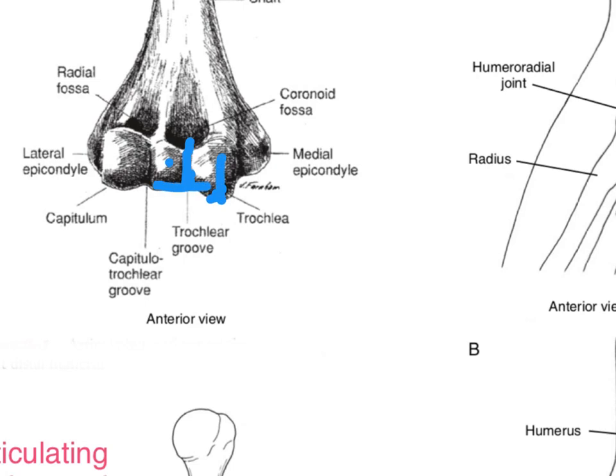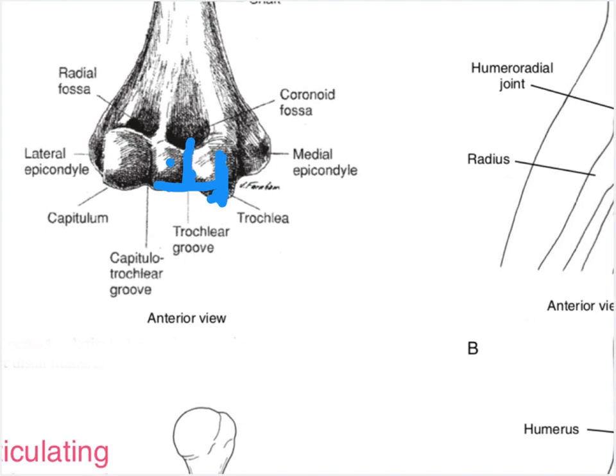If you can see, this trochlea is extending downwards medially more than the lateral part and results in an angulation called valgus angulation of the forearm, called the carrying angle. I have already mentioned that this takes part in the angulation on the medial side. That angulation is called valgus angulation of the forearm, which is called the carrying angle.